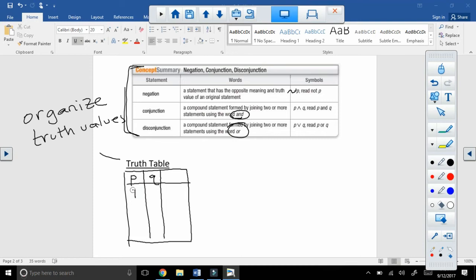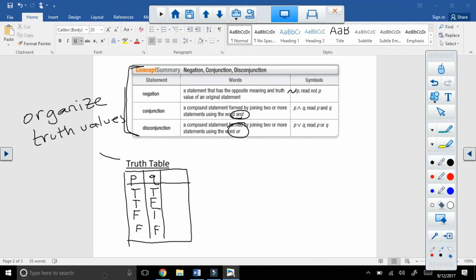Each could both be true. So you could have two true statements. And usually you see those written at the top of the truth table. You could have both of them be false. And usually you see those at the bottom of the truth table. Or you could have one of each. You could have the first one be true and the second one false. Or you could have the first one be false and the second one true.